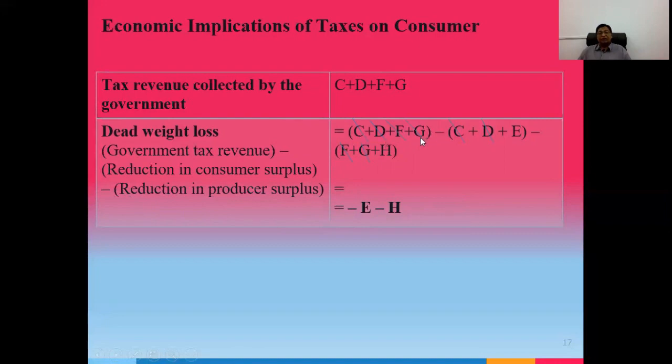This government tax revenue is CDFG. We subtract the reduction in consumer surplus, CDE, and we subtract the reduction in producer surplus. When you remove the bracket, you will get minus C minus D minus E. Again, when you remove this bracket, we have to multiply by minus sign, then you will get minus F minus G minus H. Then you can cancel out positive values against negative values. Then you will get minus E and minus H as deadweight loss.